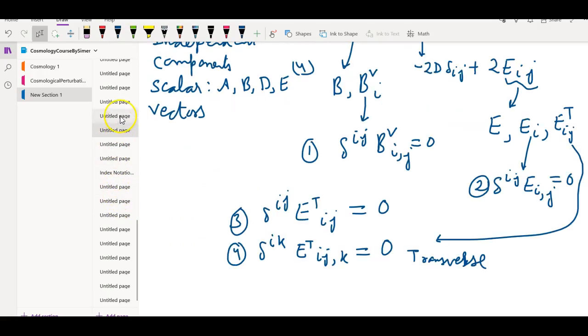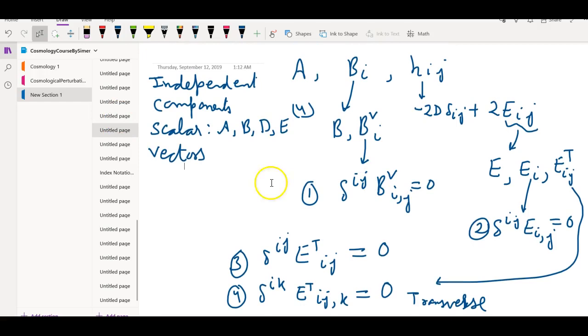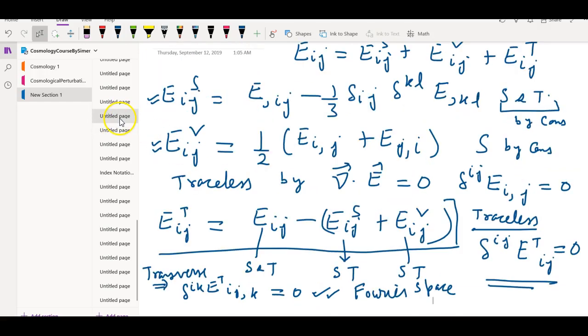In one of our previous lectures, we have seen what E_ij scalar looks like.